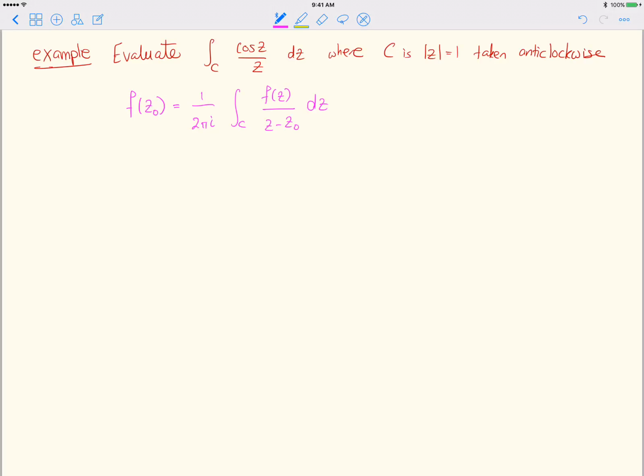In the previous example, it was clear that I could use Cauchy's integral formula because my function resembled this formula. I had z minus 3 on the denominator, and the formula has z minus z naught on the denominator, so I could take z naught to equal 3. Not so clear here what to do.